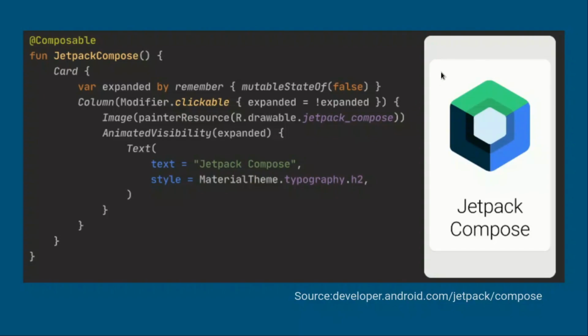For example, when we click this, as you can see, we have a clickable modifier that is going to tell the column, hey, be expanded. In this case, our state is going to change from a collapsed state to an expanded state, and this is what animated visibility is going to animate in order to reveal that text.